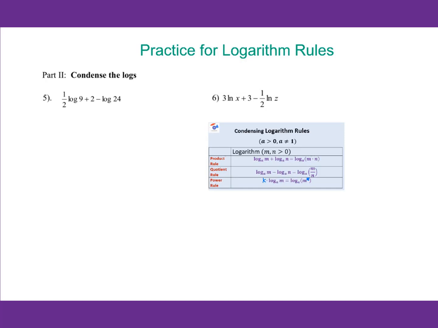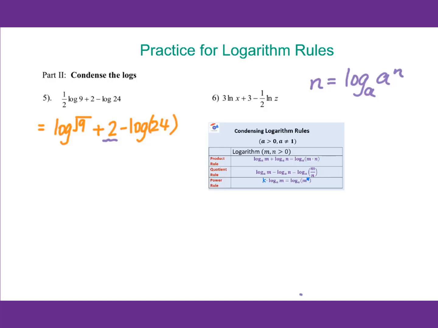Now let's go to number 5. We got common log of square root of 9 plus 2 minus common log of 24. For 2, we know any number n I can write down as log base a of a to the nth power.